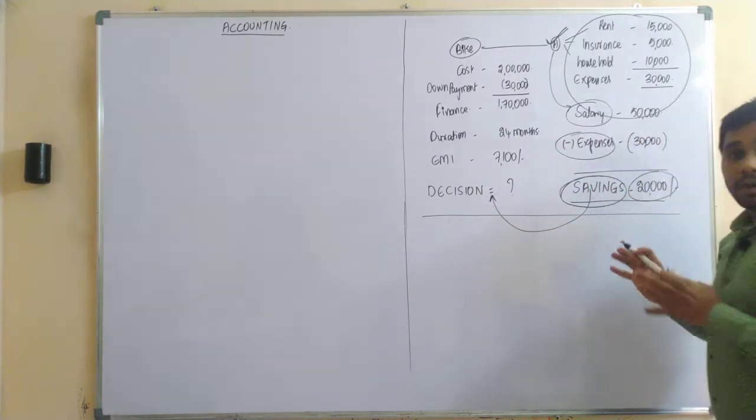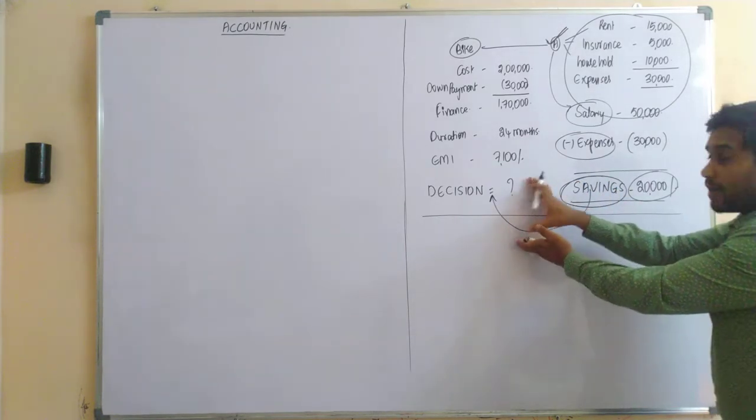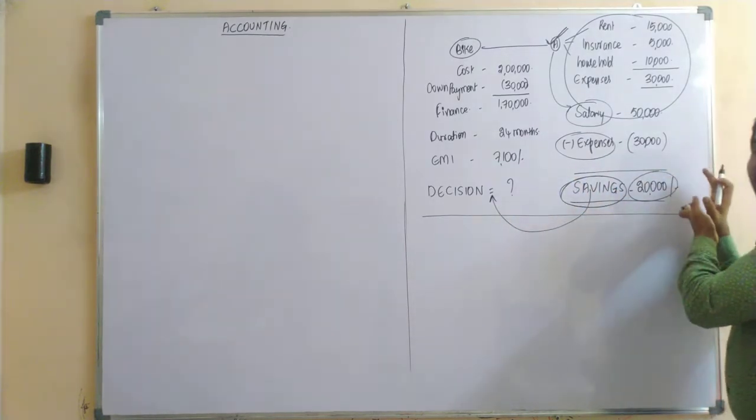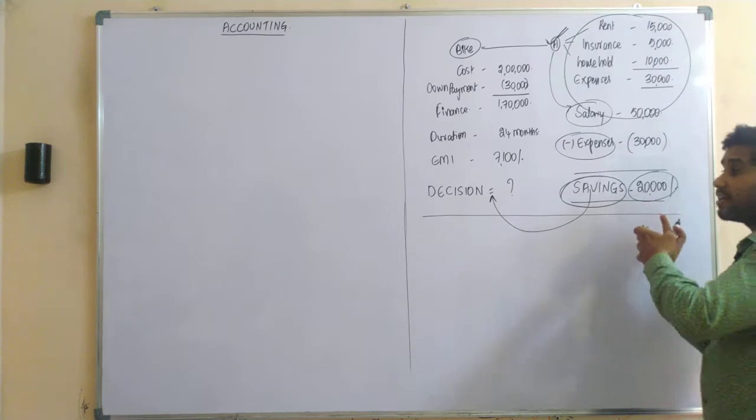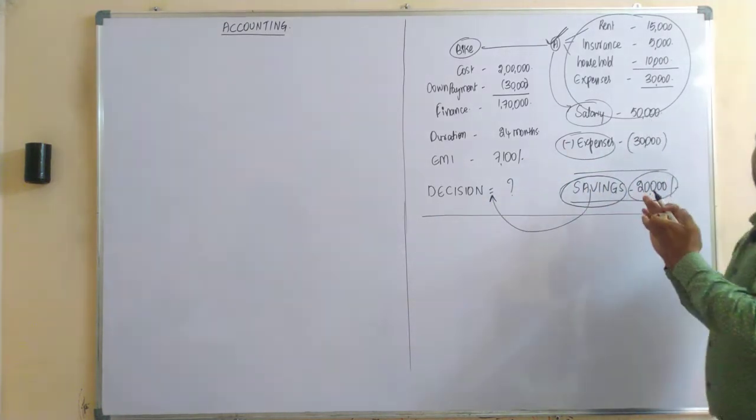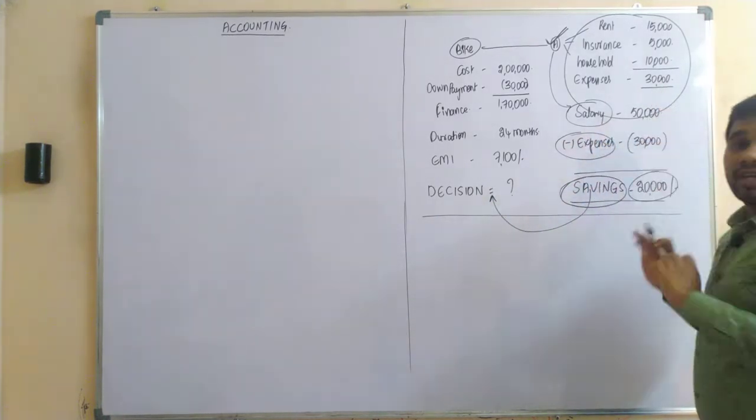So for the purpose of taking the decision, every individual wants to know their information, their savings, whether they can afford or not. This is nothing but your accounting in general.